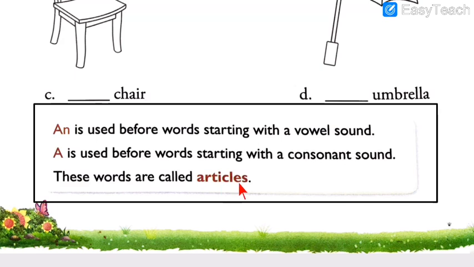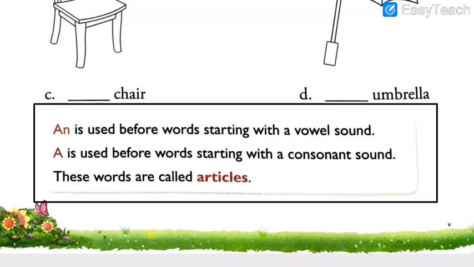These words are called articles, an, a. In simple language, we should use an with the word starting with a vowel, and a with the word starting with a consonant. But sir, what is vowel and consonant? We have forgotten. No worries, that is the only reason why I have brought this revision lecture.